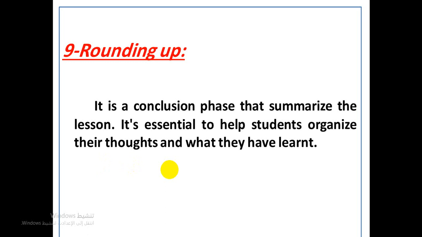So the teacher should vary his techniques for rounding up his lesson, from listing and extracting the meaning of the learned vocabulary, drilling the words, summarizing the reading passage, to singing the words, matching the words with pictures, or stimulating students to use the new structure to express themselves.